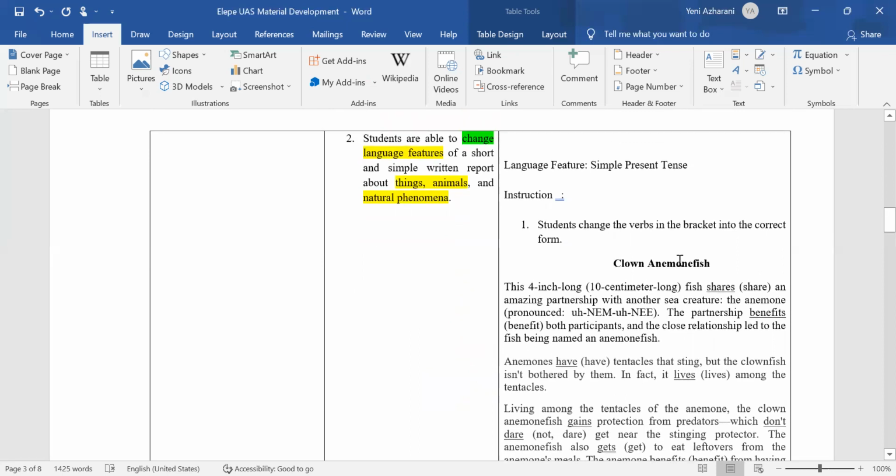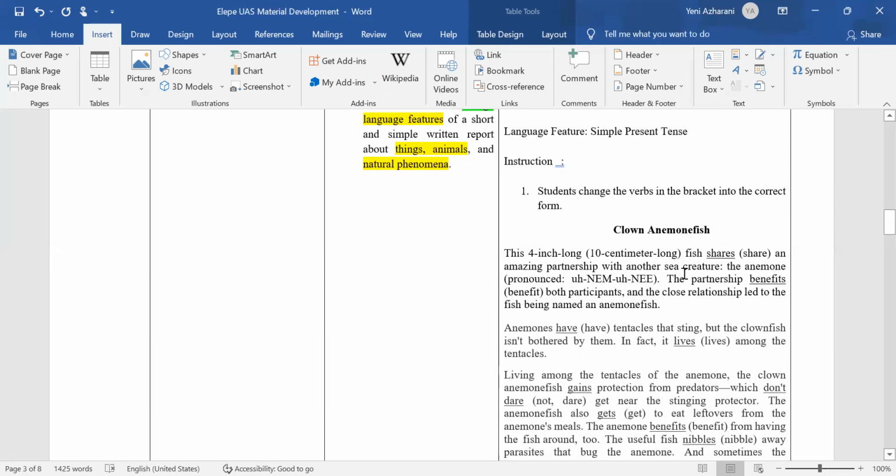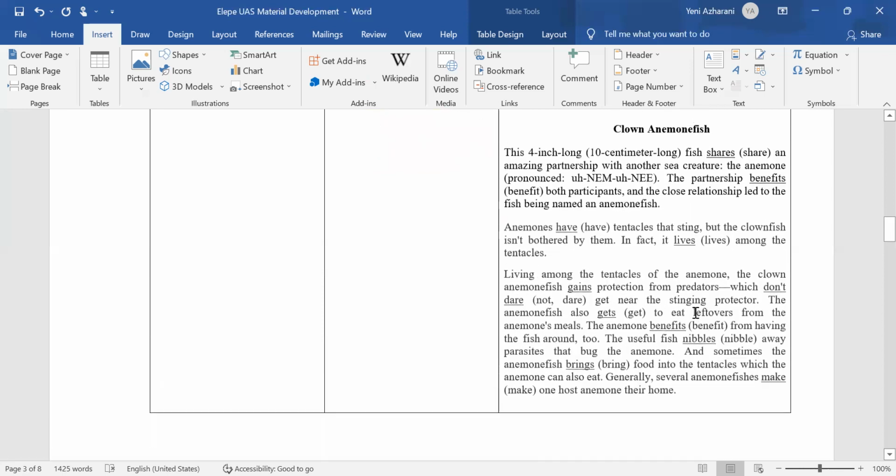They've learned that in report texts, simple present is used mostly. So they have to change into the correct form of the verb, which is simple present, the verb one.